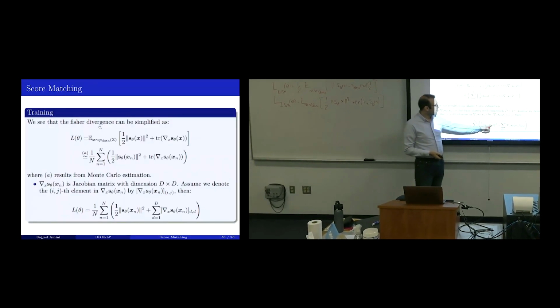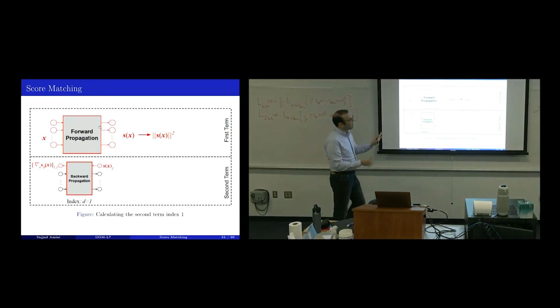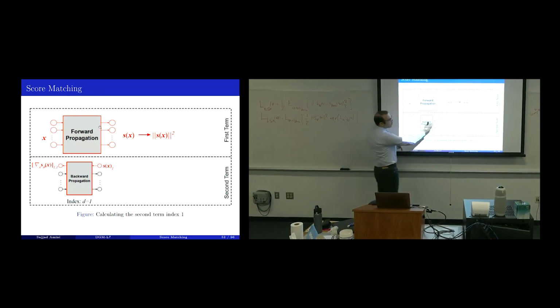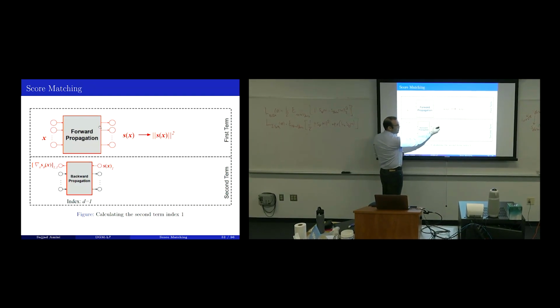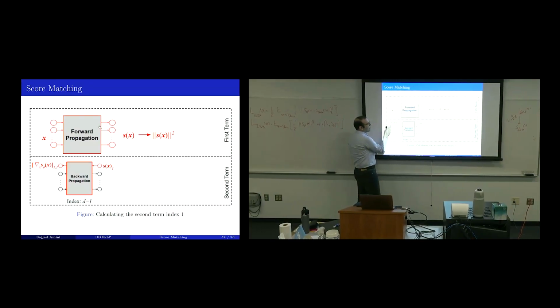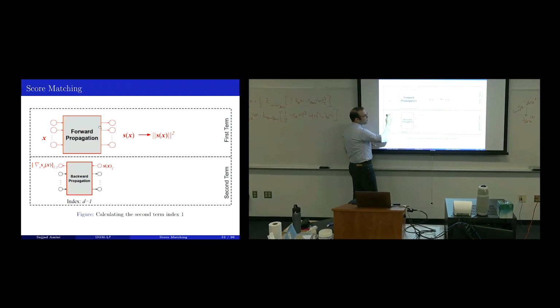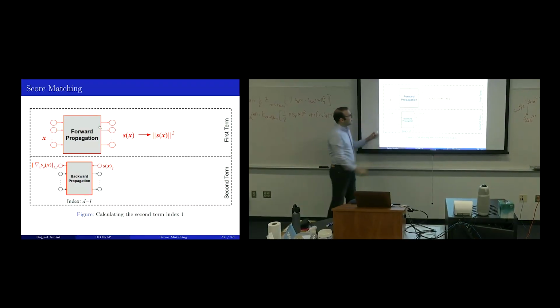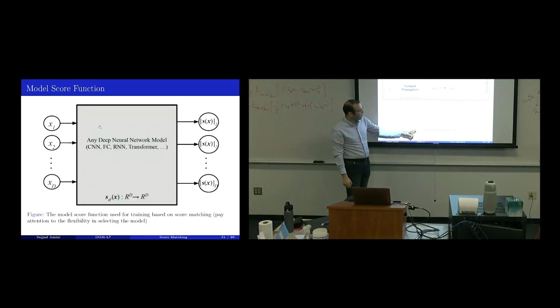So I can calculate this term. For the second term, what happens? I have s of x. Now I should backpropagate s of x, the first element, and find the first element here. Pay attention, it's backpropagation. This value is the index 1 for this summation.